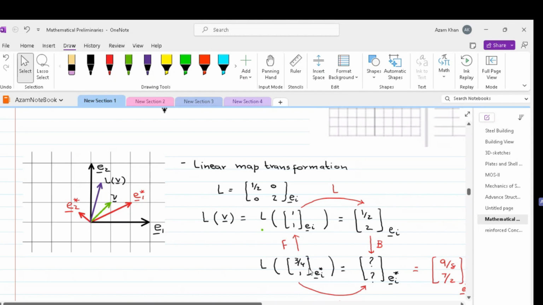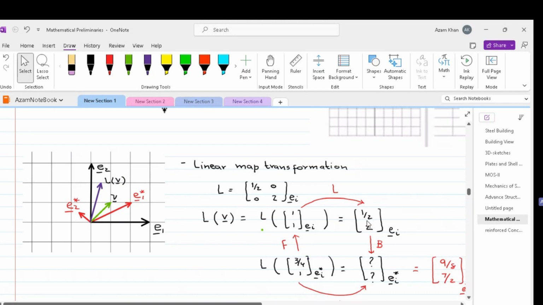That vector, which is in the new basis, has to be multiplied with the forward transform in order to get the equivalent vector components in the old basis. Please note, we are talking about the vector, so the vector has to be multiplied by a transformation which is opposite to the basis transformation. Once we find our vector in the old basis, we multiply that with the linear transform corresponding to the old basis, so we get a transformed vector in the old basis.